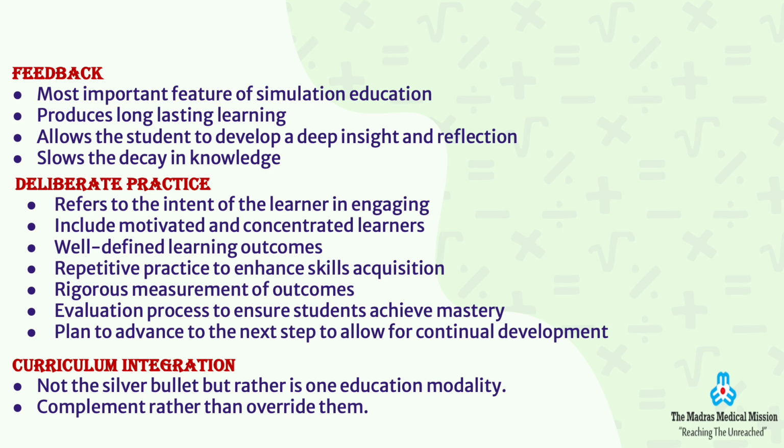There should be well defined learning outcomes. There should be repetitive practice to enhance skills acquisition. There should be rigorous measurement of outcomes. The evaluation process must be there to ensure students achieve mastery. There is also a plan to advance to the next step to allow for continual development.